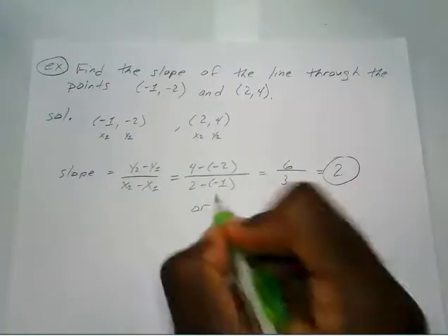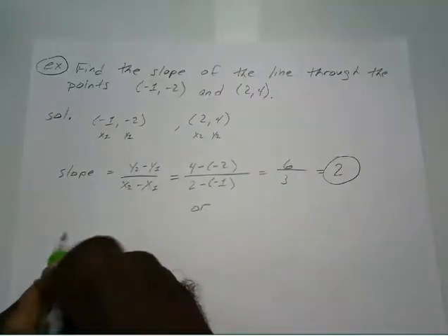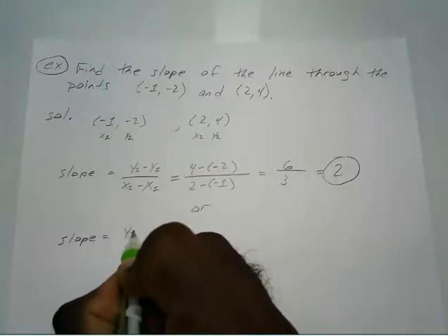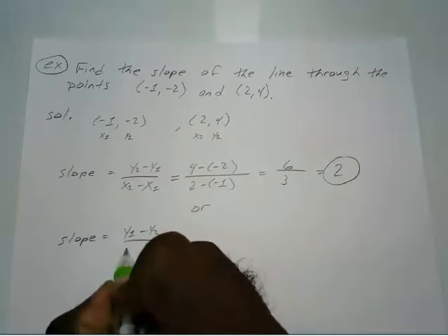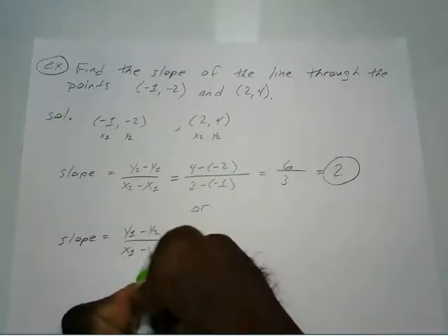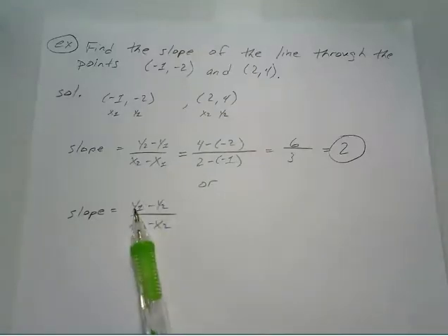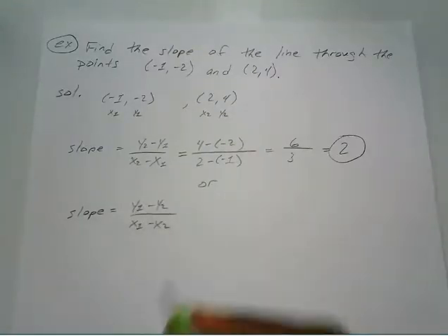Okay, or if you wanted to make your slope equal y1 minus y2 over x1 minus x2, you can do that also. Remember, it has to be 1 minus 2, 1 minus 2. You can't switch them around.